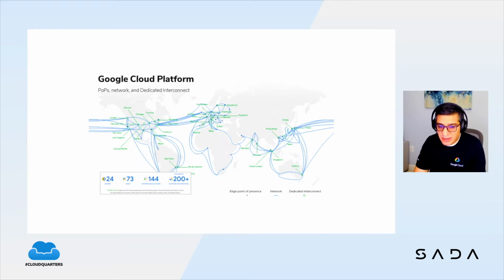In addition to these regional data centers, we have network edge locations, about 144 network edge locations. These are points of presence where Google has hardware to enable customers to connect to Google services. This is what we will explain with the Interconnect service and how customers can connect to Google services through it.